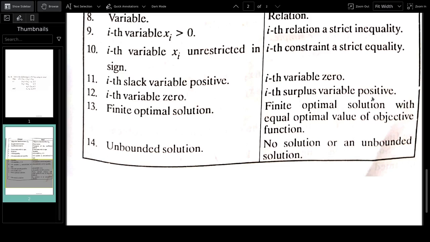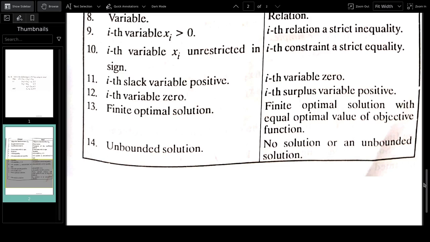Primal problem, suppose unbounded solution, then in case of dual, no solution or an unbounded solution. So sometimes there is an objective type question: if the primal problem has an unbounded solution, then does dual give an unbounded solution, or an infeasible solution, or bounded solution, like this. So this is the identification of the primal and dual.